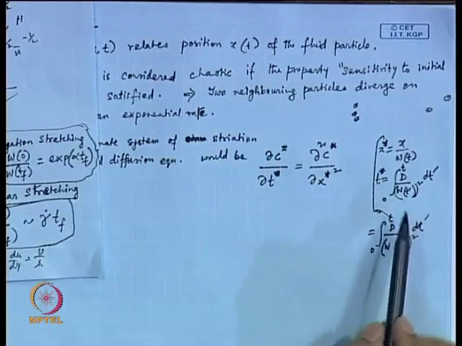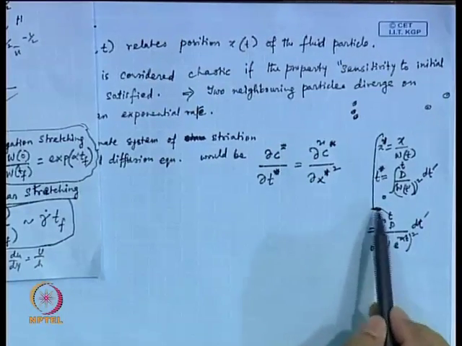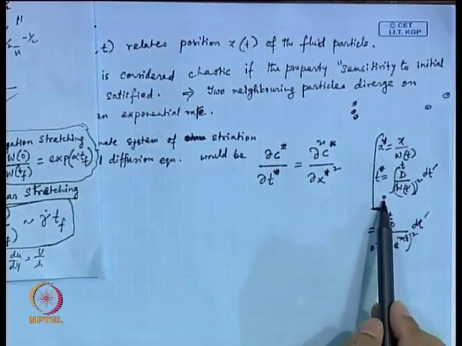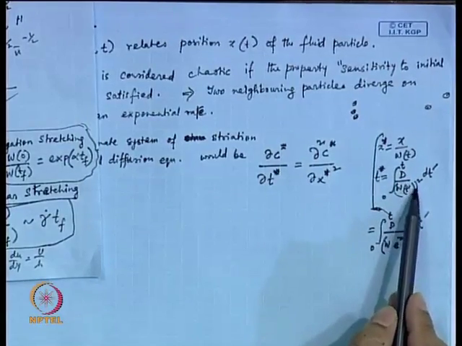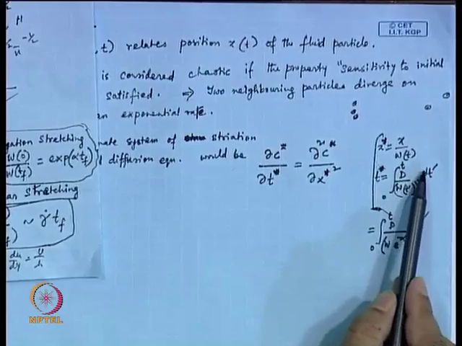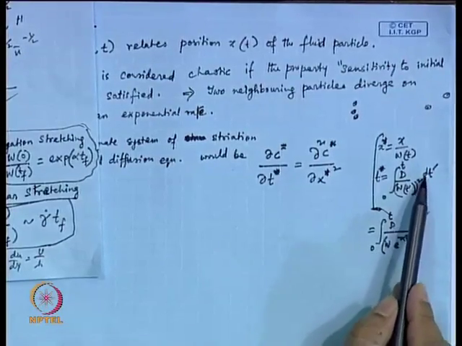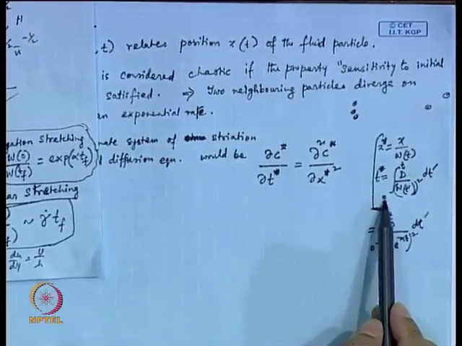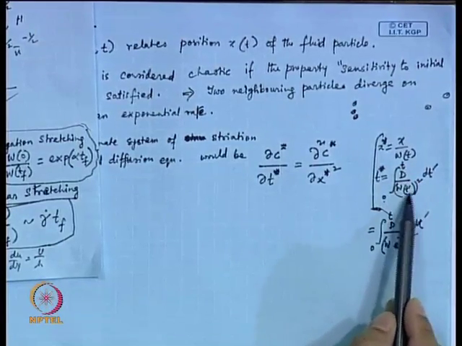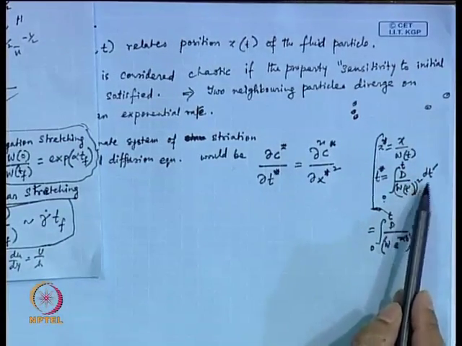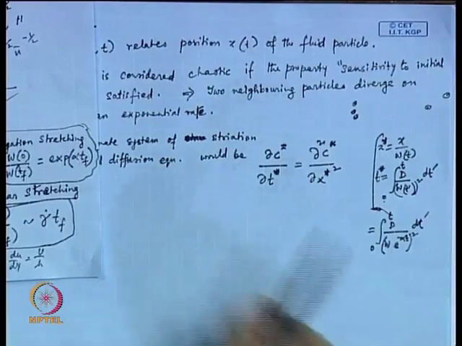And t star, the time, I am defining this way: t star is equal to the integration between 0 to t of D divided by W t prime whole square dt prime. So, over time 0 to t, this is the sum of D divided by W t prime whole square; that is how we are defining t star.